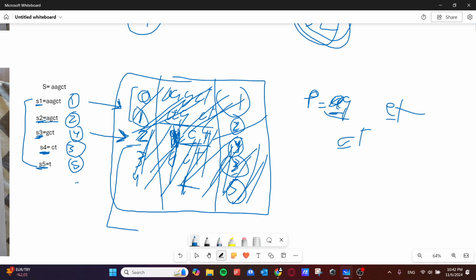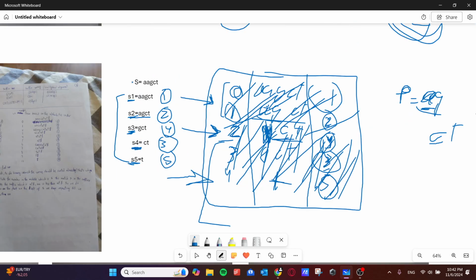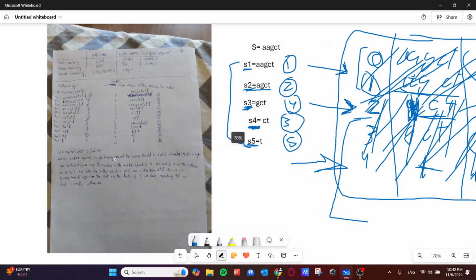We will take the middle number again, do the same exact procedure, and we will continue repeating it till we find our ET. If we didn't find it, then it's not in the string or not in the suffixes.